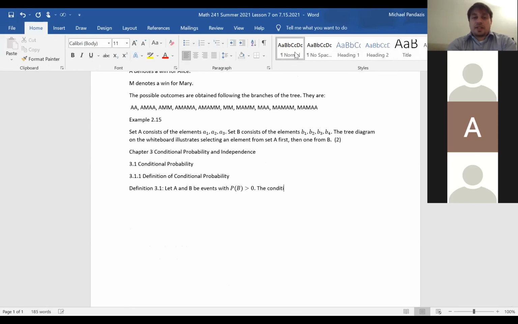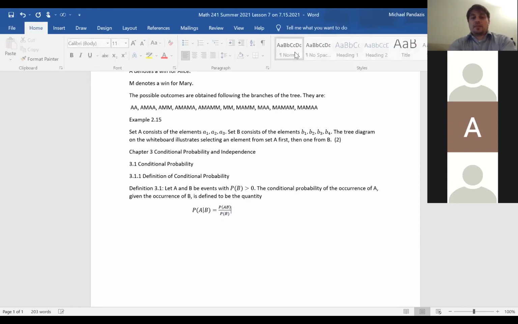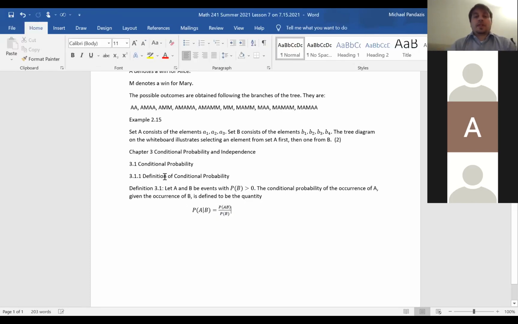The conditional probability of the occurrence of A given the occurrence of B is defined to be the quantity P of A given B, which is equal to the probability of A and B divided by the probability of B. Let A and B be events with P of B positive.